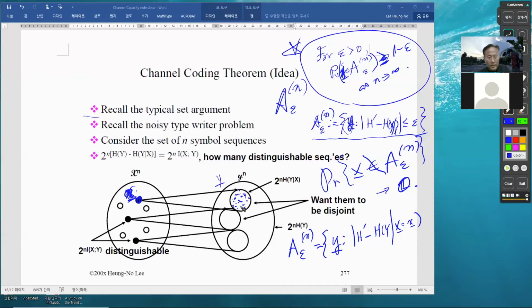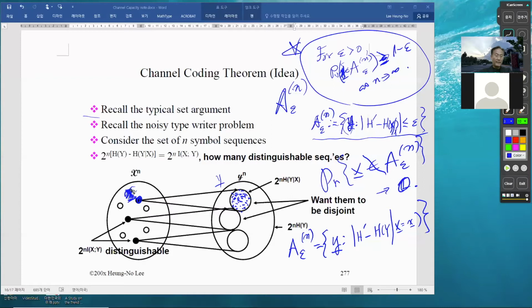When you do the random experiment, these are the possible set of outcomes.